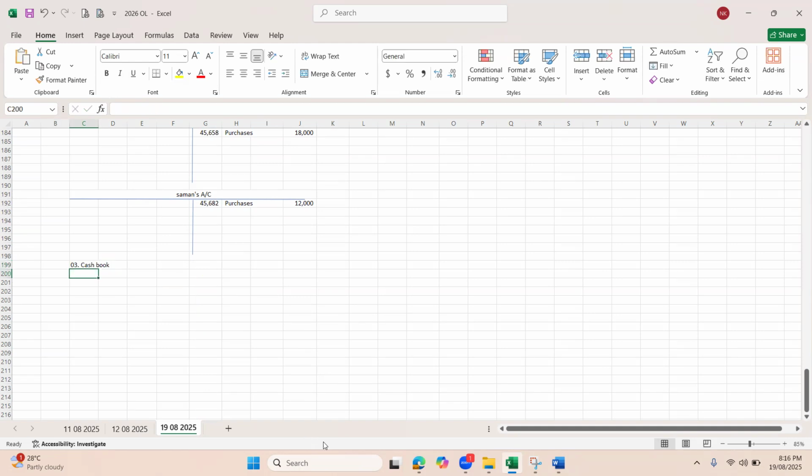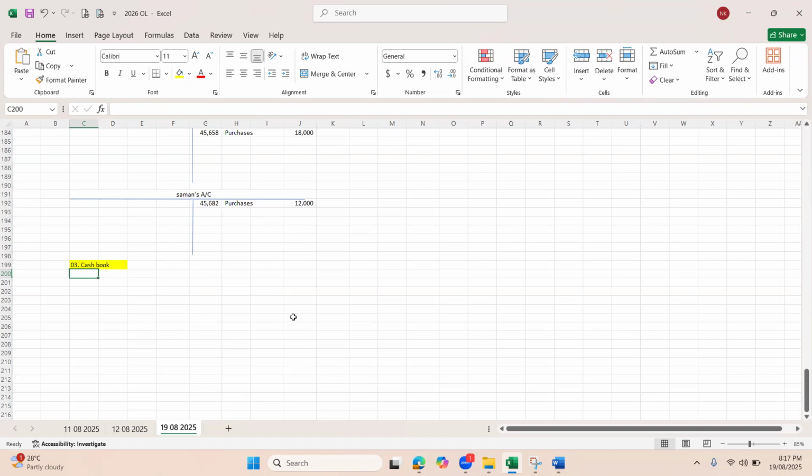Here we record only, so easy, only the cash transactions. Maybe a transaction made in cash, that is coins and notes, or the transaction maybe that we have done in bank, through the bank current account. That means through the checks.